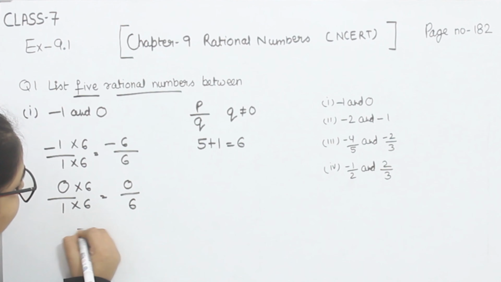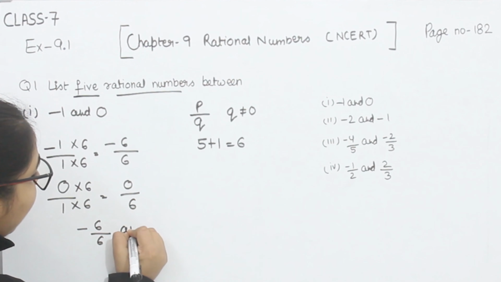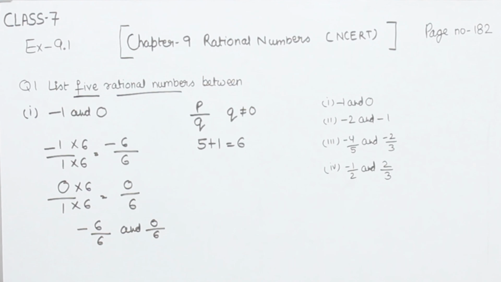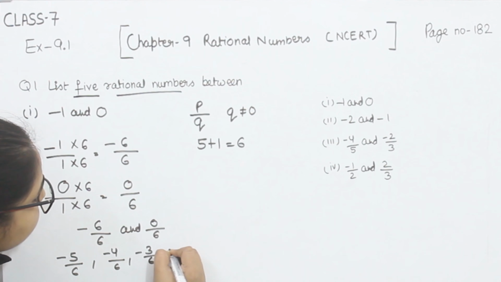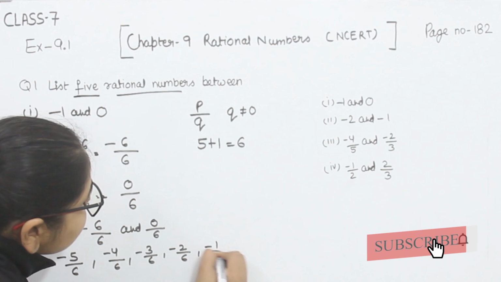Now we can find numbers between -6 by 6 and 0 by 6. We need 5 rational numbers between them. So it is -5 by 6, -4 by 6, -3 by 6, -2 by 6 and -1 by 6.